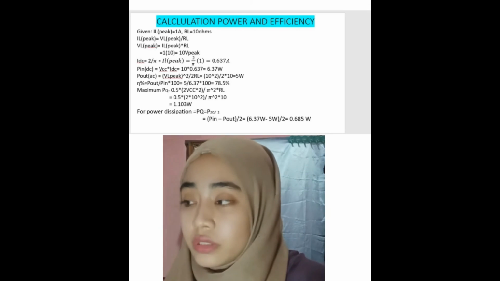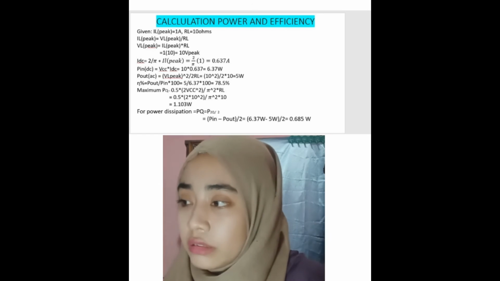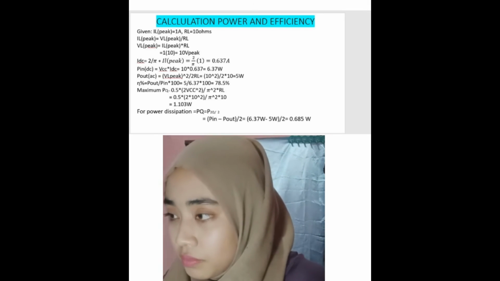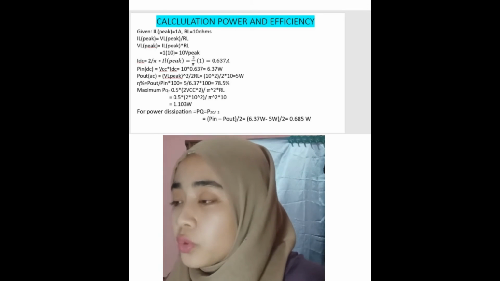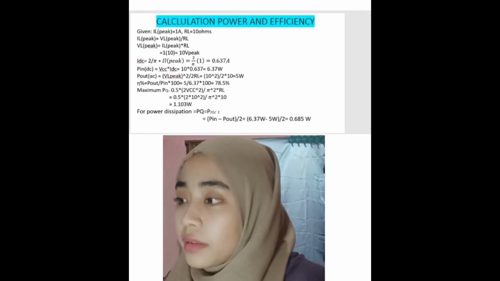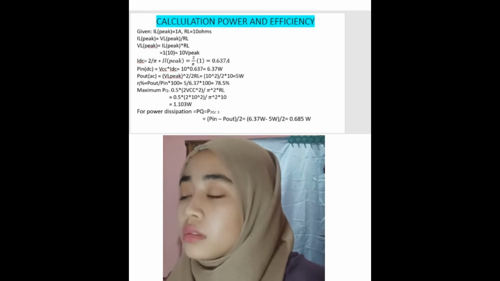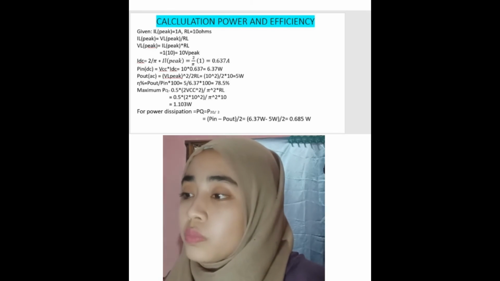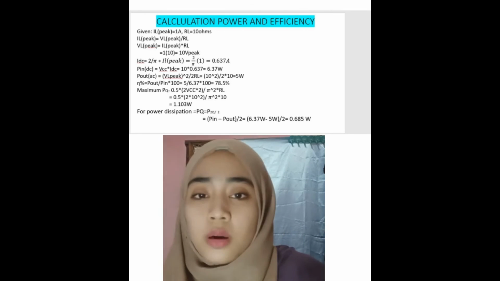For power dissipation, the formula is input power minus output power divided by 2, and the answer is 0.685 watt.